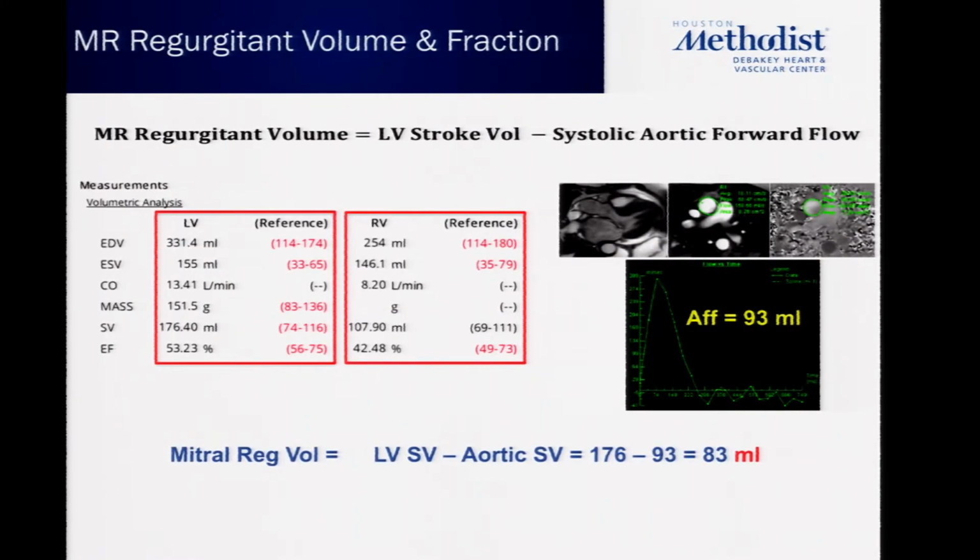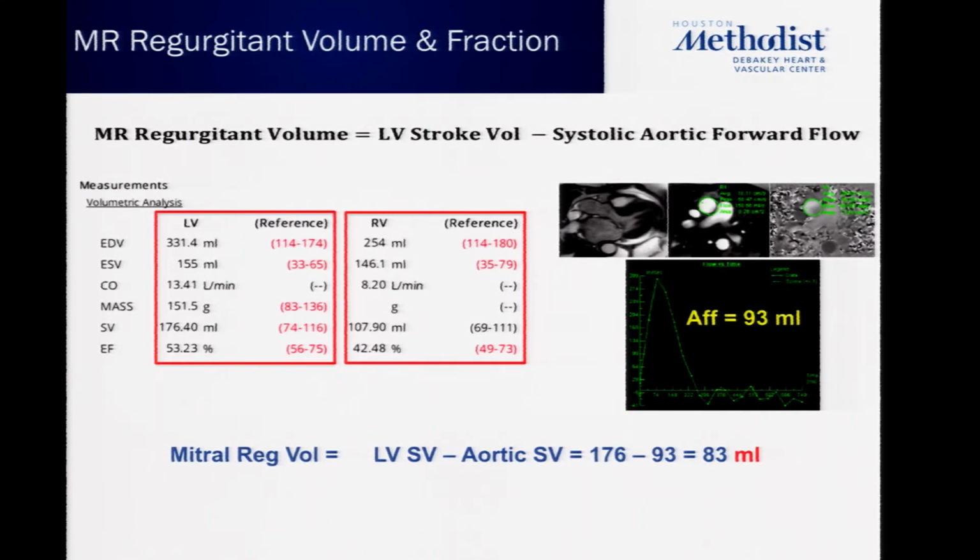So this will be a comprehensive assessment of what you would look at in mitral regurgitation, where you'd quantify the severity of the regurgitation, which in this example case is 83 mLs. You'd quantify the LV end diastolic volume to get an idea of what the remodeling of the ventricle is. You'd quantify the LV ejection fraction.